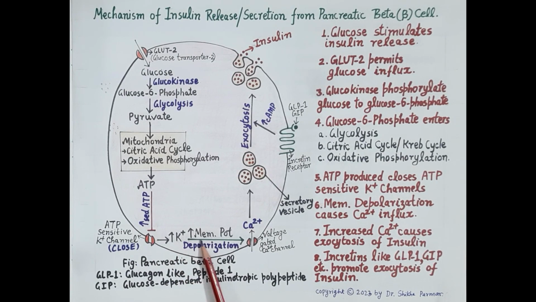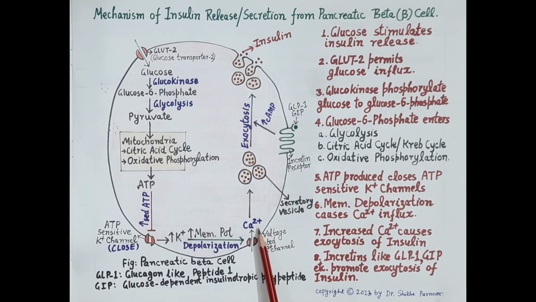This increases the membrane potential and causes depolarization of the cell membrane, opening the voltage gated calcium channels. As these channels open, there is influx of calcium inside the cell. So, the concentration of calcium increases inside the cell.